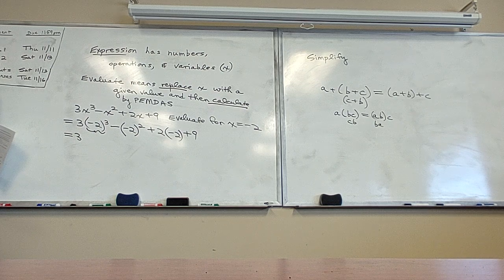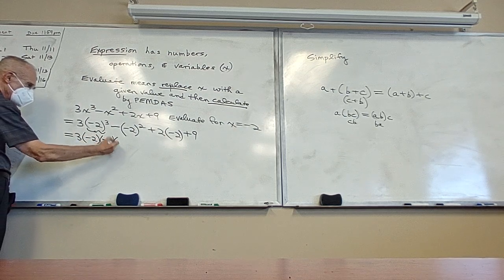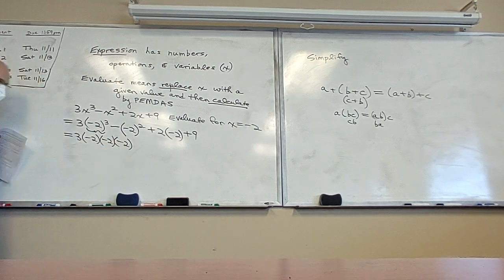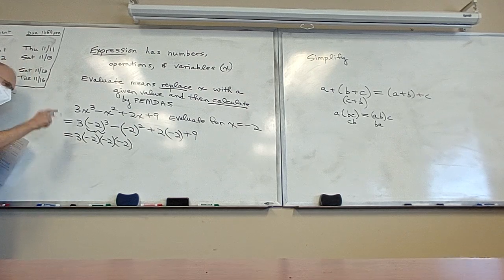Now, does anybody have trouble seeing that? If you're not sure, write it 3 times. That's what it's meant for. Cubed means 3 times. And I taught you last time, get the sign first.